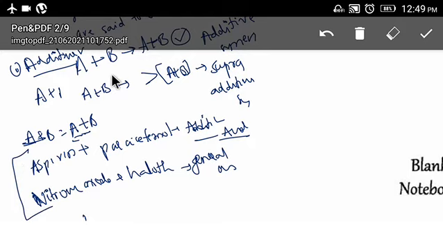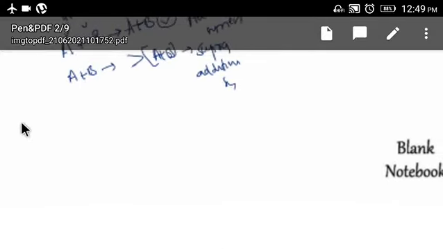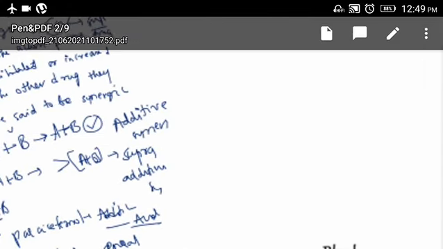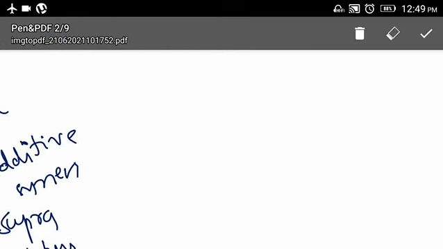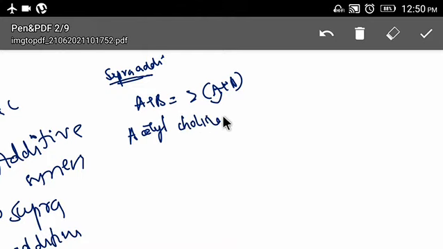Now let's see supra-additive synergism. As I told you, in supra-additive synergism the effect will be greater than A plus B. So in supra-additive, A plus B is greater than A plus B. If you take examples, acetylcholine plus physostigmine.